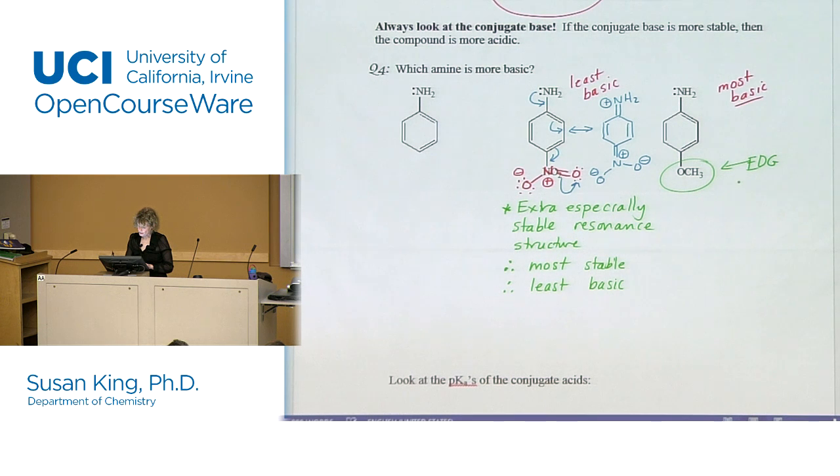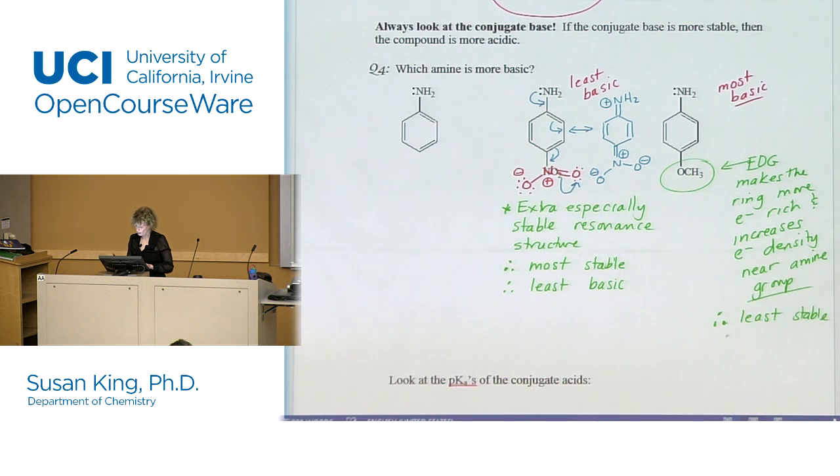Electron donating group makes the ring more electron rich, and it increases electron density near the amine group. Okay, so therefore this one is going to be the least stable or most basic.